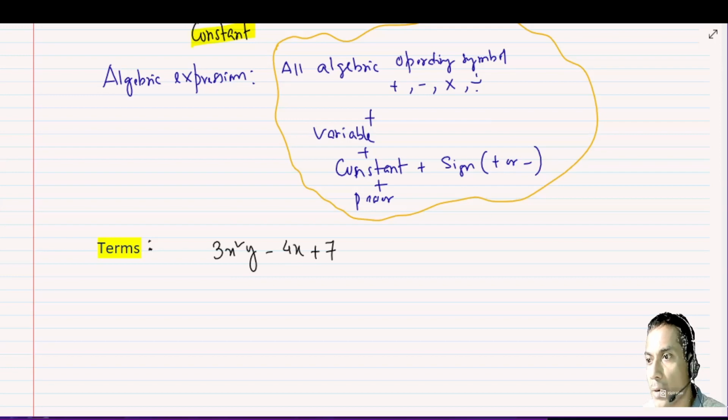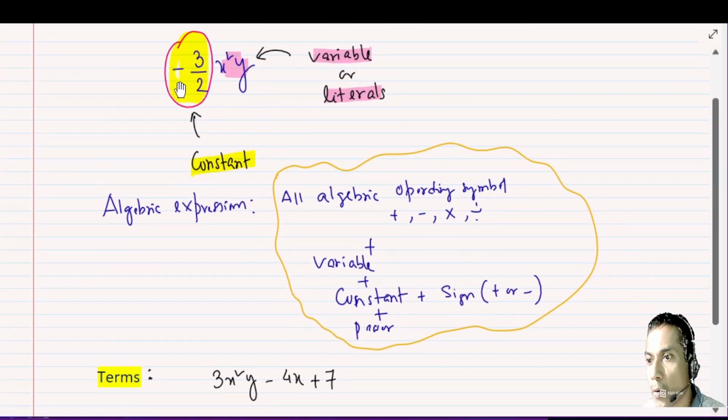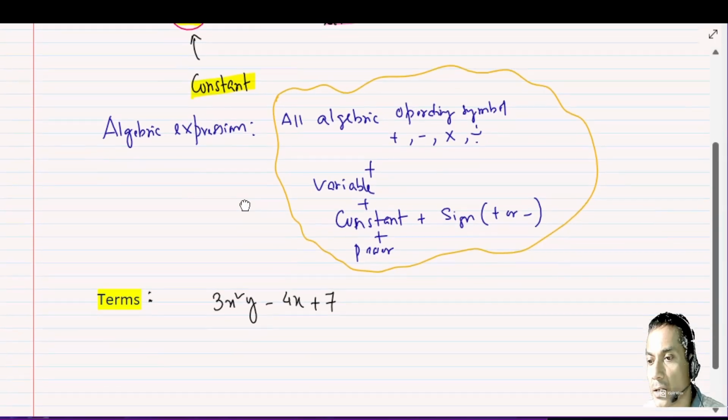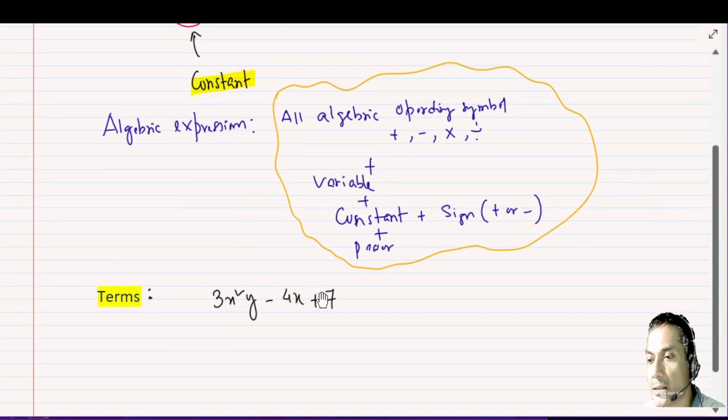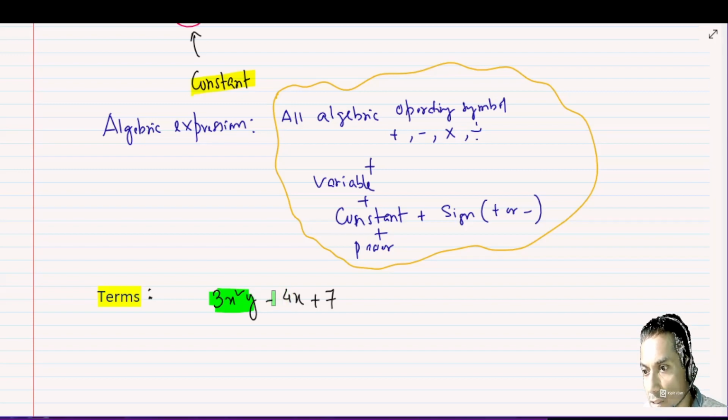So earlier you have learned only 1 term. Here it is 1 term in the algebraic expression. Here it has 3 terms. Why? Because each term is separated by the symbol. So this is also a term and this is also a term, including the symbol.